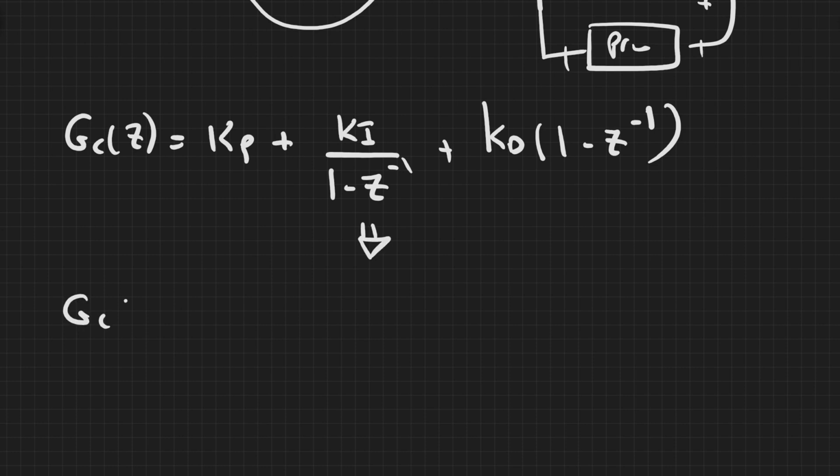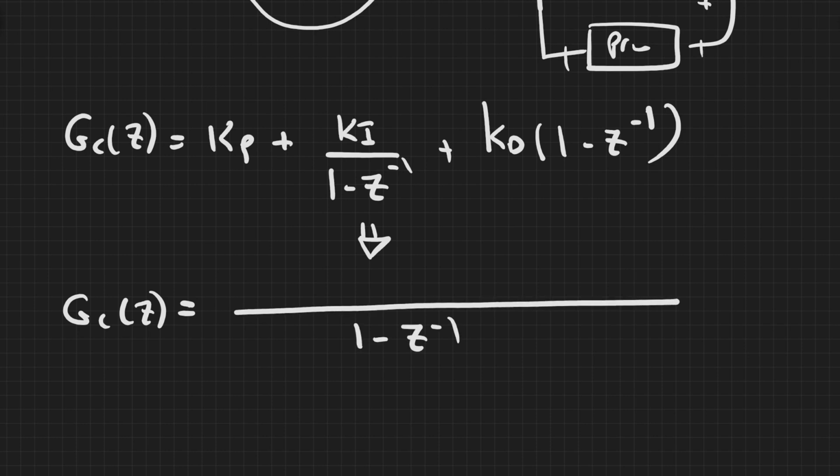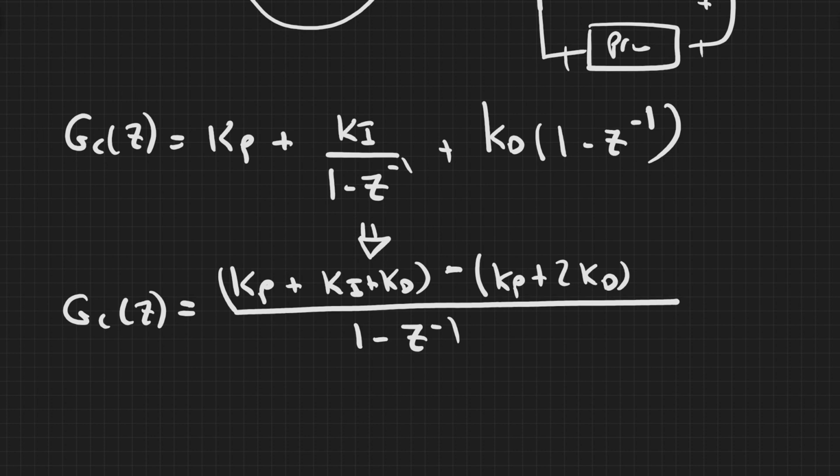What you can do is obtain a single rational function for this expression. Taking the common factor, in the numerator you have Kp plus Ki plus Kd, then minus Kp plus 2 times Kd times z inverse, and then plus Kd times z to the minus 2.